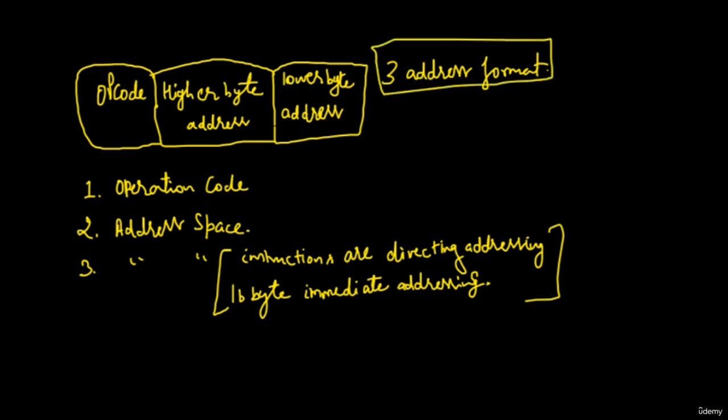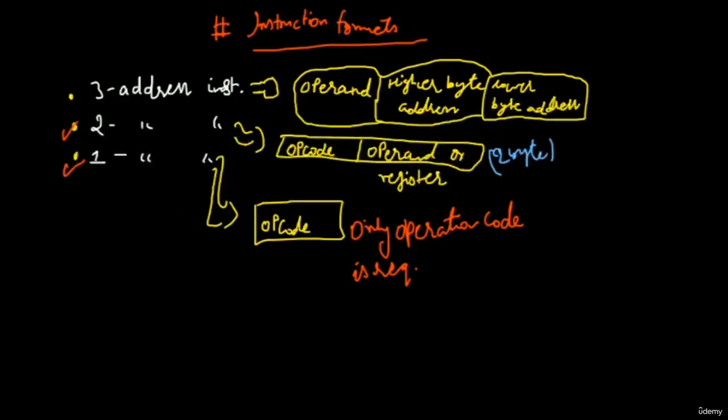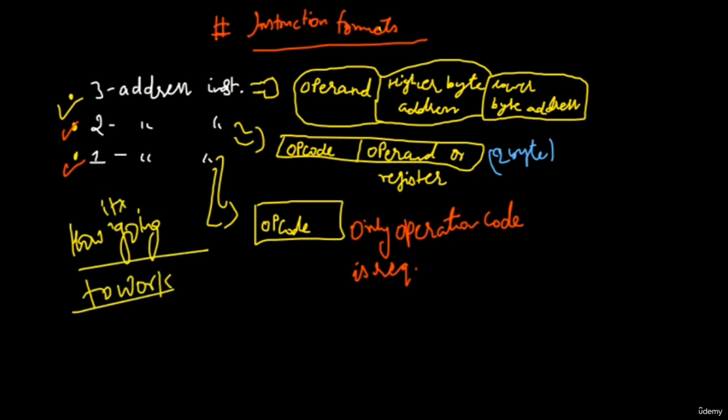So why did we study these formats? You might be wondering why the instruction format has three formats. Well, these three formats are going to tell us how things are going to work. That's the most important thing, isn't it? So this is going to tell us how the instruction is going and in which format.